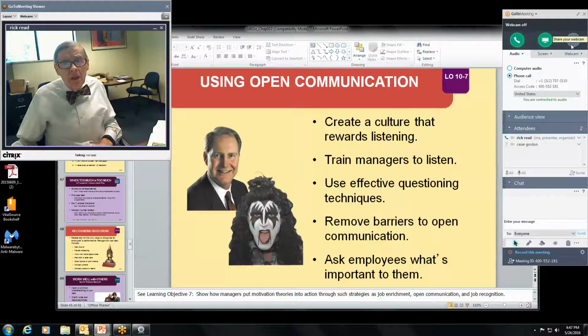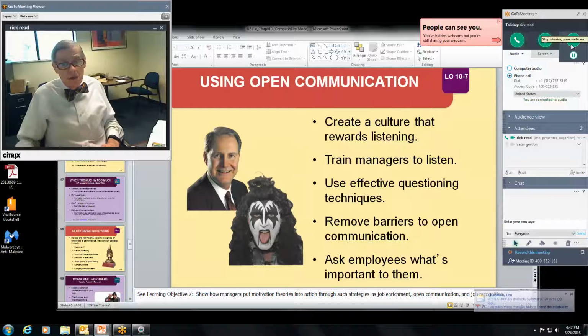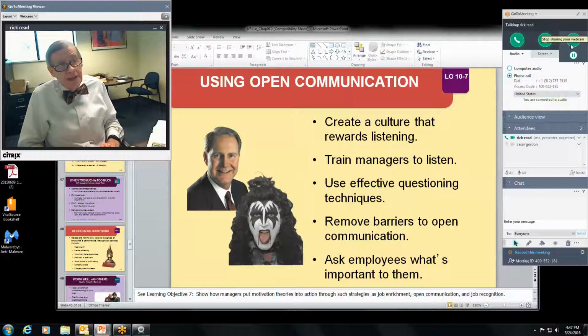This is another way of motivation, and many of us don't think about this as being motivation, and that is open communication. Most of you made comments about the New Belgium Brewery, and one of the other organizations that's reviewed in the films. They use open communication.